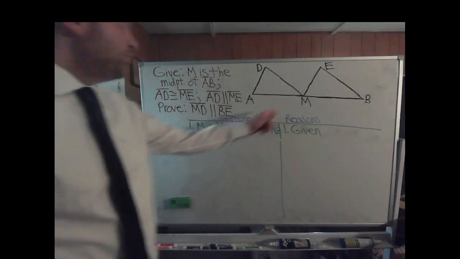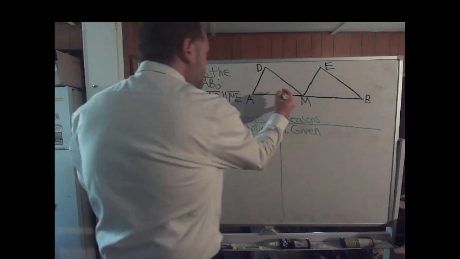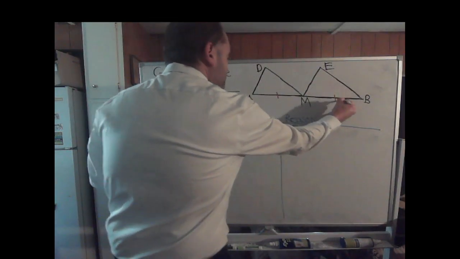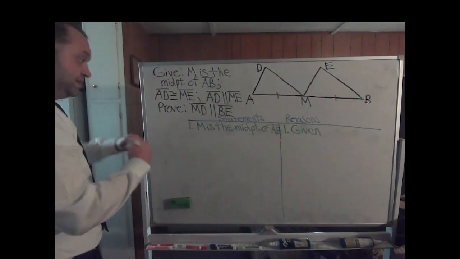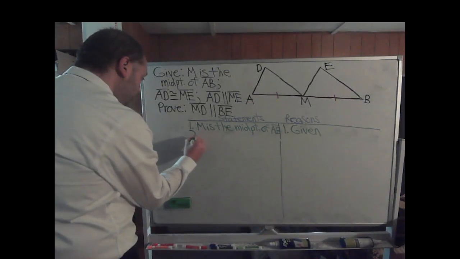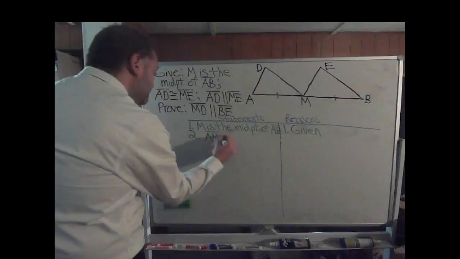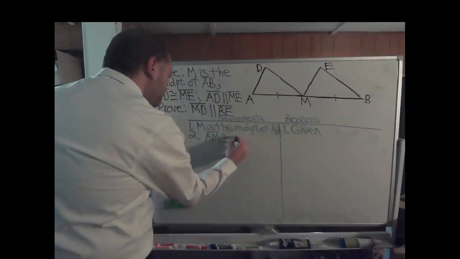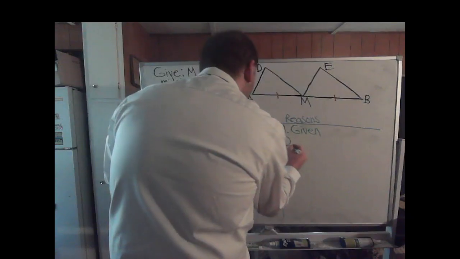Since M is the midpoint of AB, that's going to mean that AM is congruent to MB. So let's go ahead and set up congruency markers here, right? And then let's go ahead and list this as statement 2, that AM is congruent to MB by the definition of midpoint.